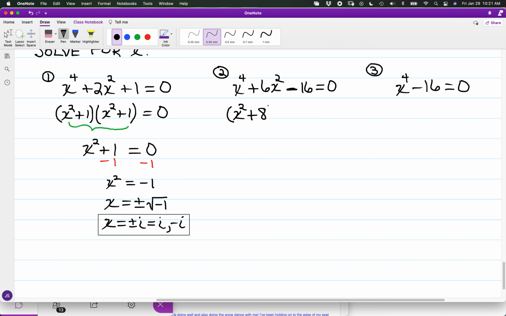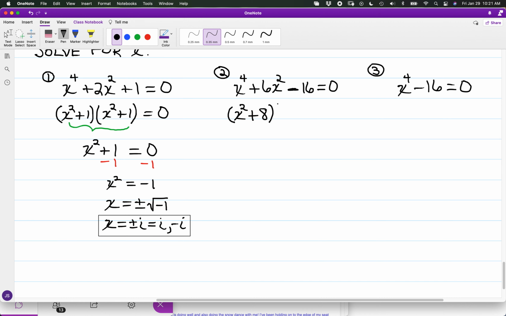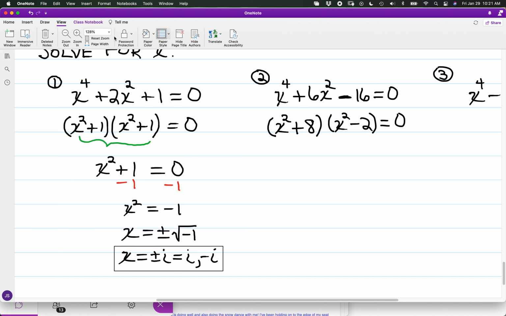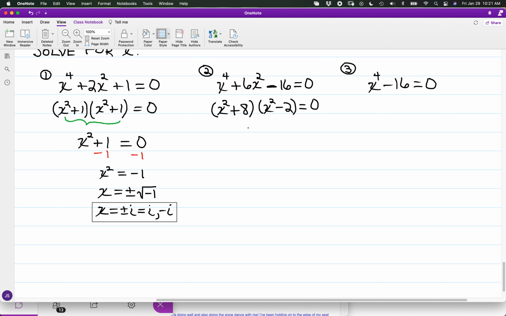So here we're going to have x squared plus 8 on the side of addition. And in the case of subtracting, this will become x squared minus 2.